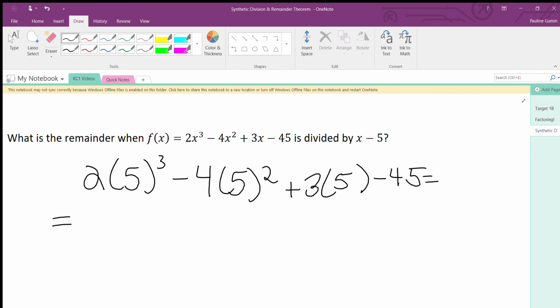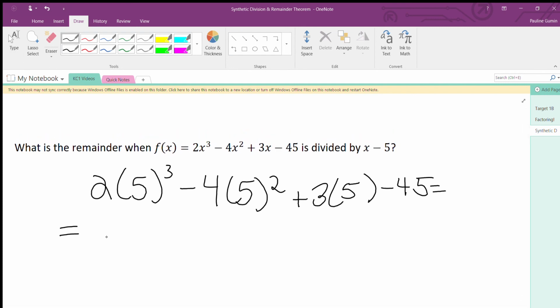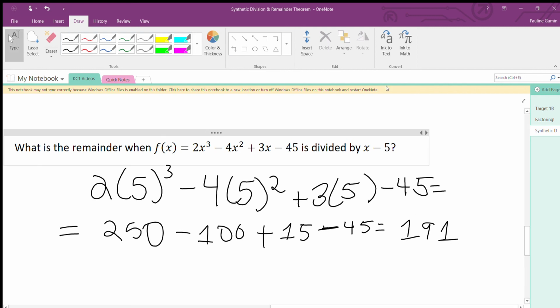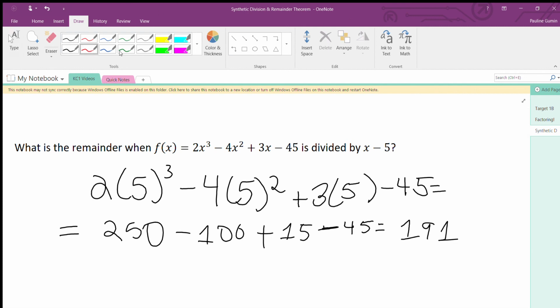So 5 to the power of 3 is 125 times 2 is 250. Then 115, minus 45. We get 191. Okay, well, x minus 5 was not a factor, so I had this giant remainder.